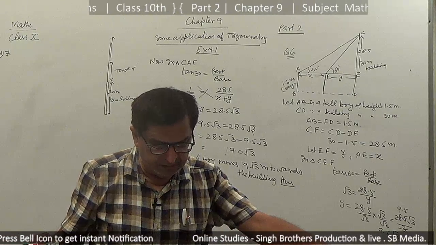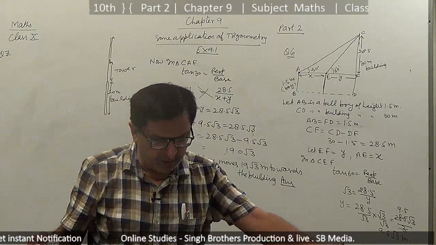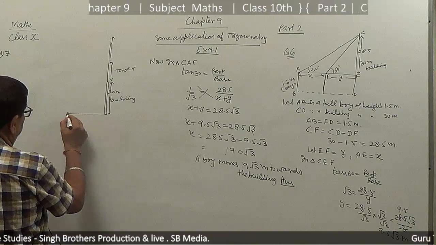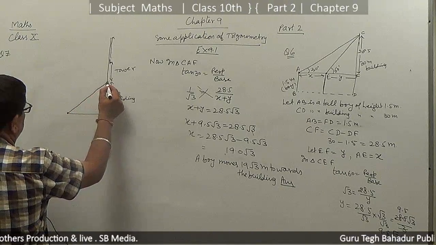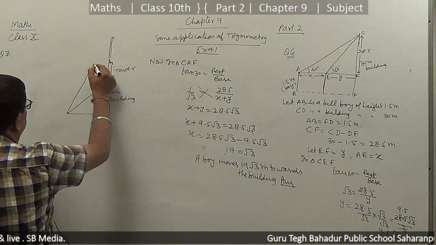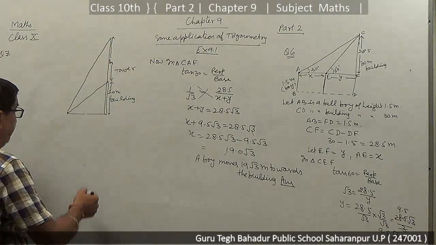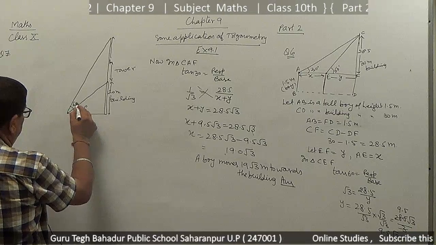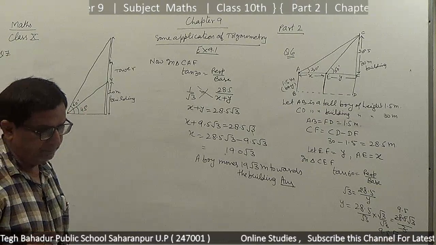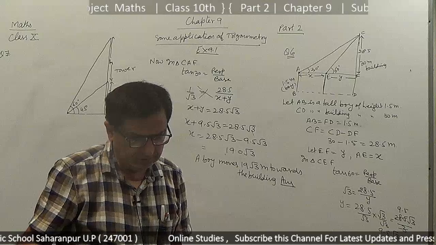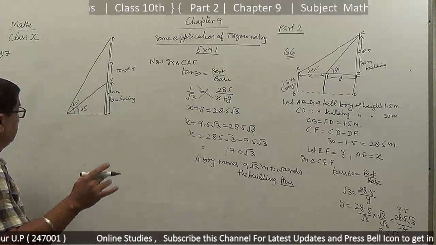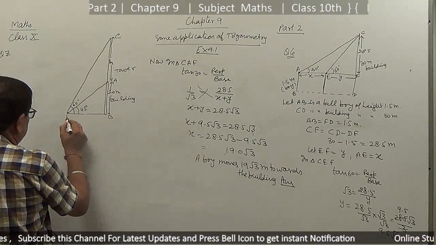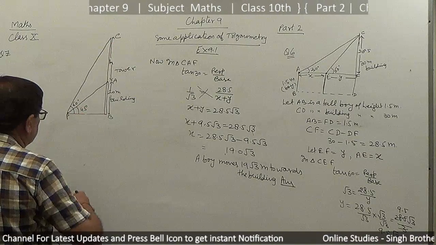The angles of elevation of the bottom and top of the transmission tower from a point on the ground. This is the point on the ground, this is the bottom and this is the top. Angle of elevation is 45 degree and 60 degree. Find the height of the tower. This is A, B, this is C and this is point P.